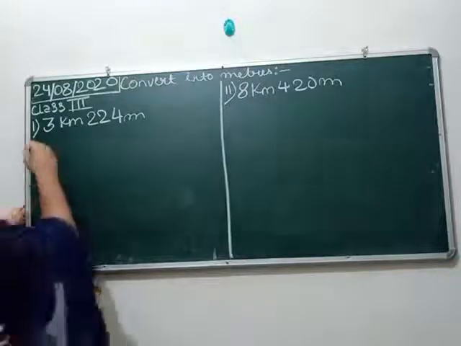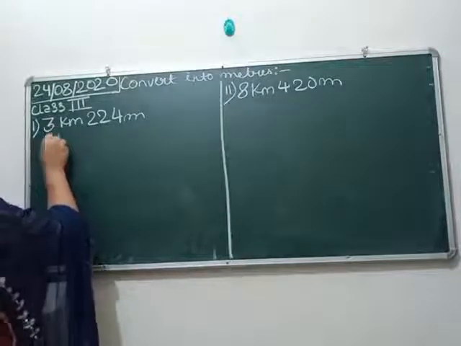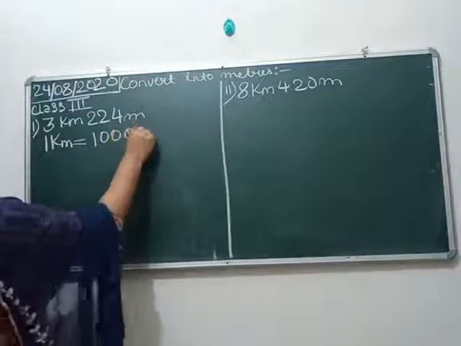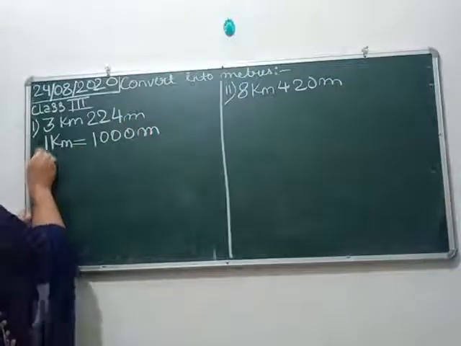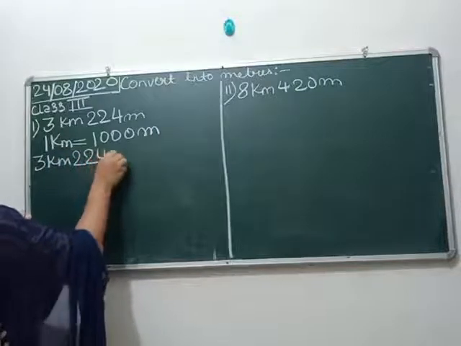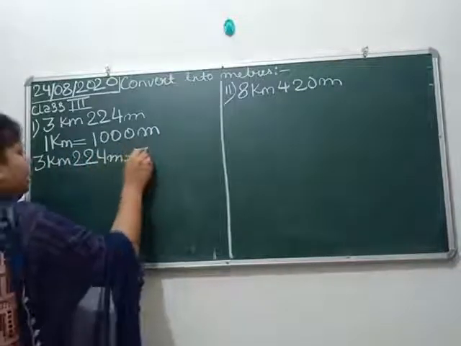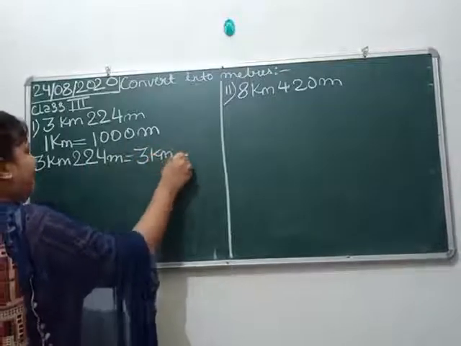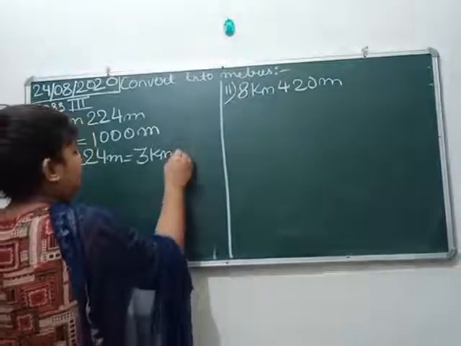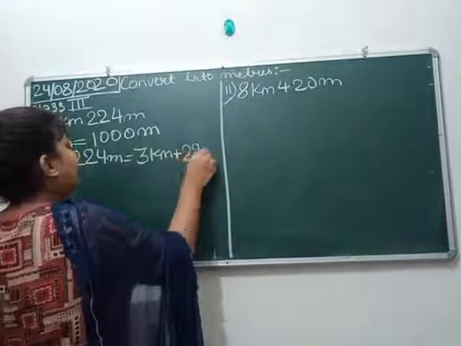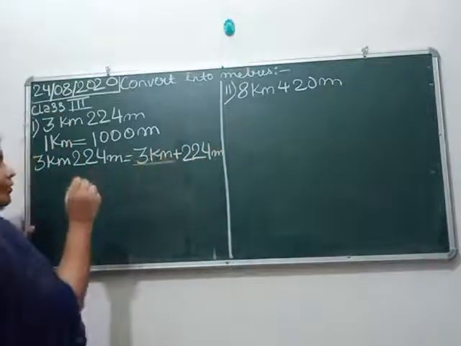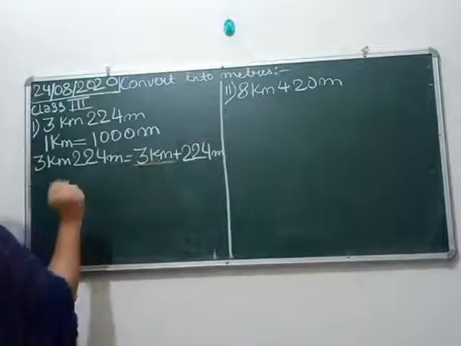See, first line that we will write is 1 kilometer is equals to 1000 meter. Now 3 kilometer 224 meter equals to 3 kilometer plus 224 meter. Now what I will do, I will convert this 3 kilometer into meter.